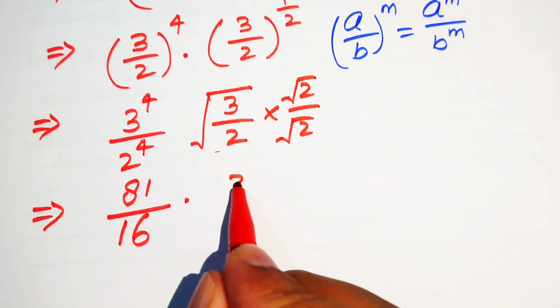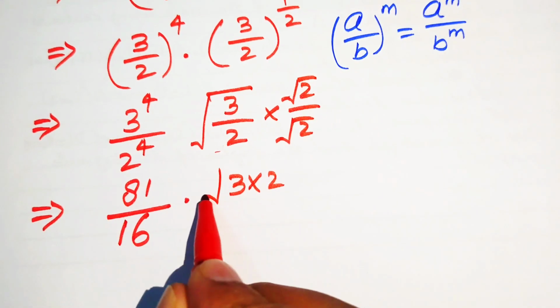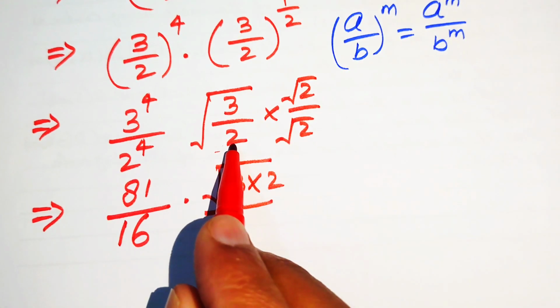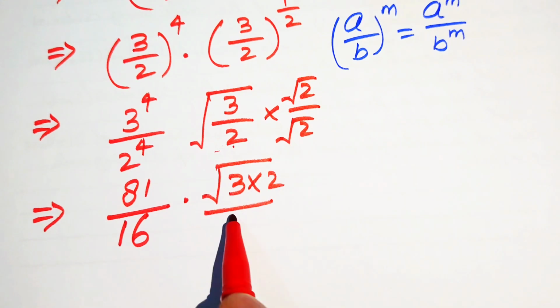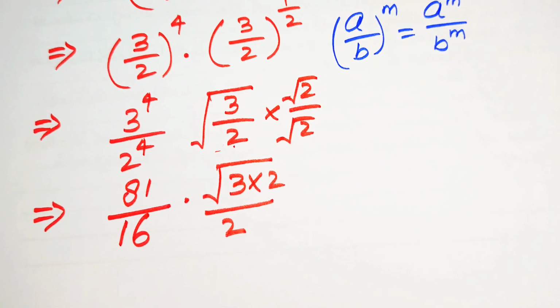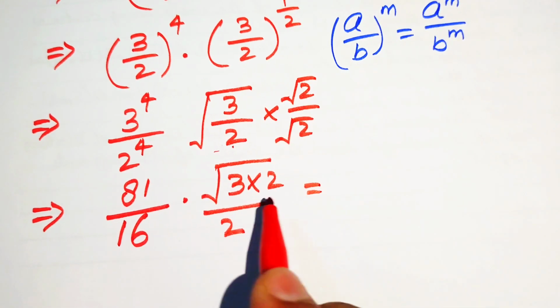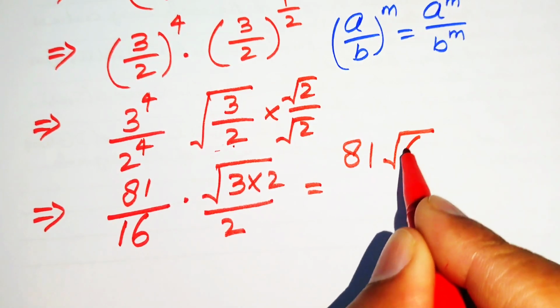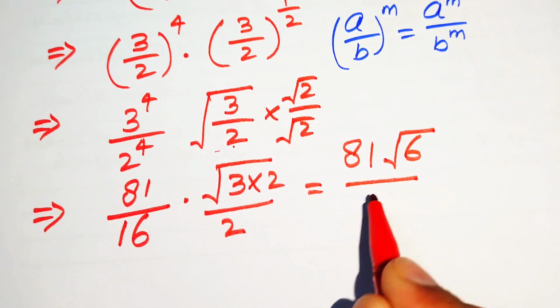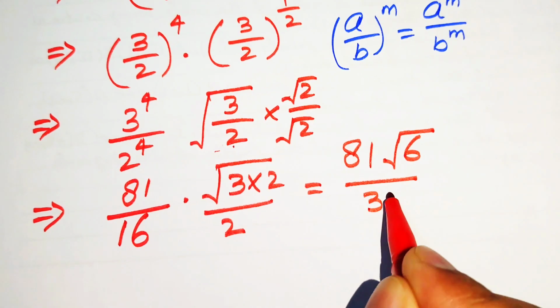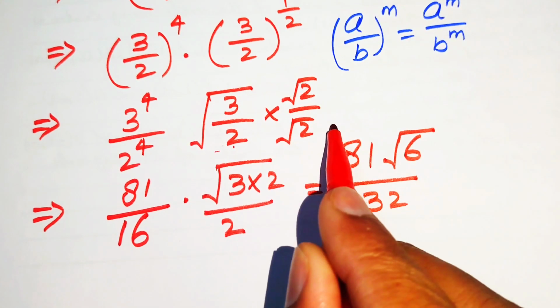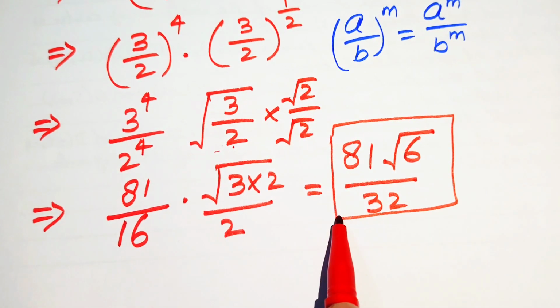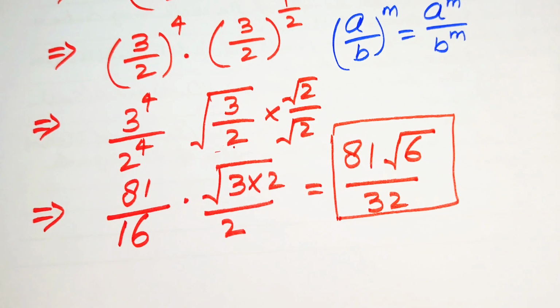So you get 3 multiplied by 2 under the square root, and the square root of 2 times the square root of 2 gives only 2 here. So finally you get 81 into the square root of 6 divided by 16 times 2, which is 32. This is our simplified answer by the first method.